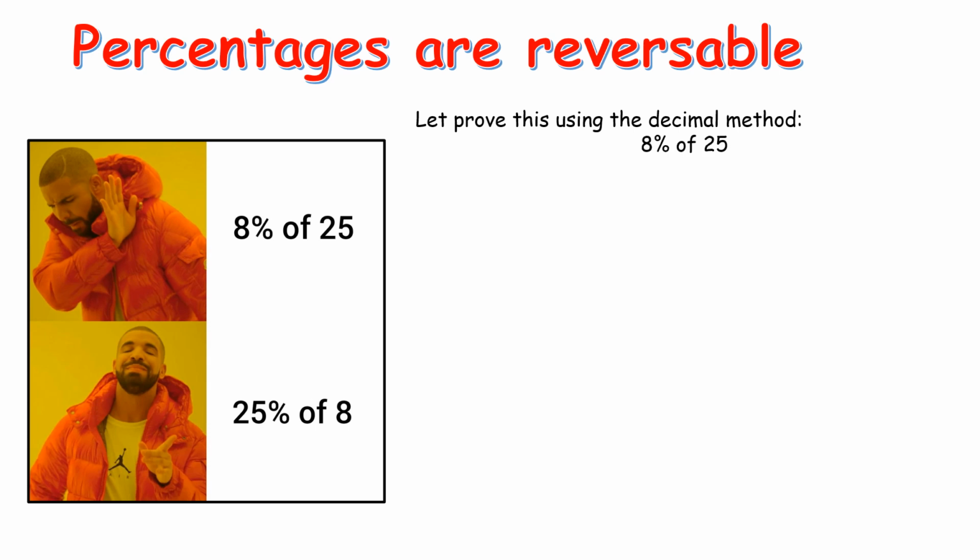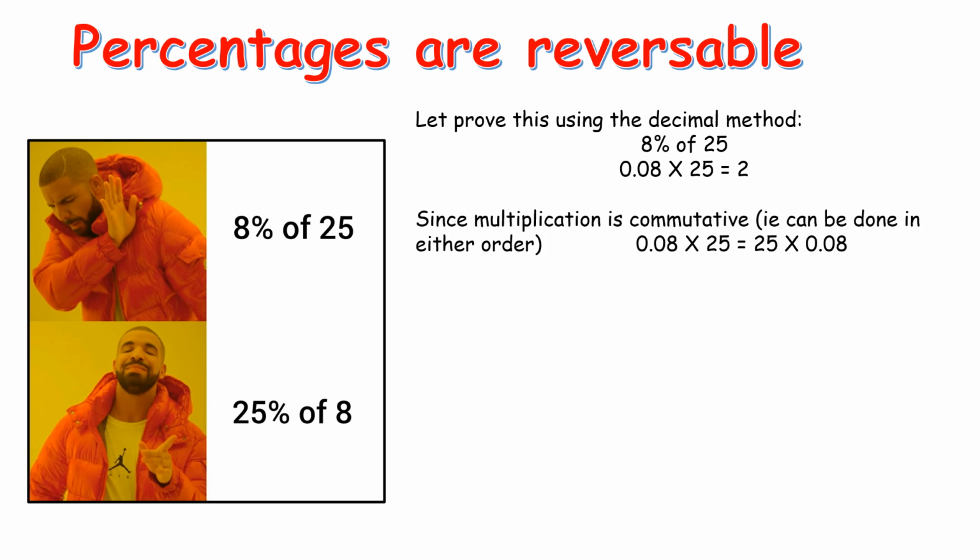But let's look at it using the decimal method. So if I want 8% of 25, what I'm doing is 0.08 by 25, put that in my calculator, and I get 2. Now, since multiplication is commutative, so the order doesn't matter, I can flip the order, 0.08 multiplied by 25 should be the same as 25 by 0.08.